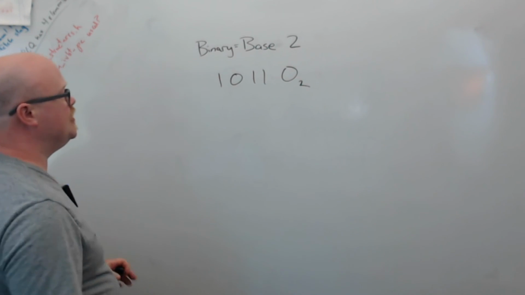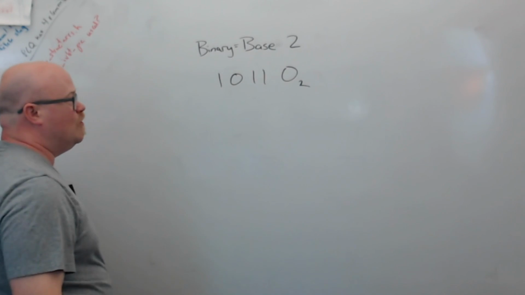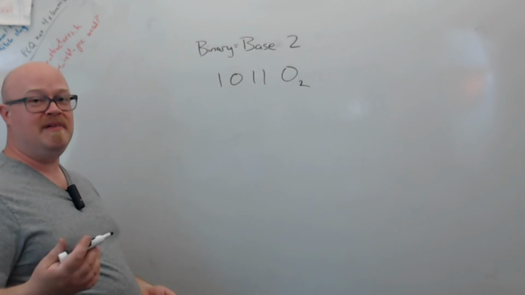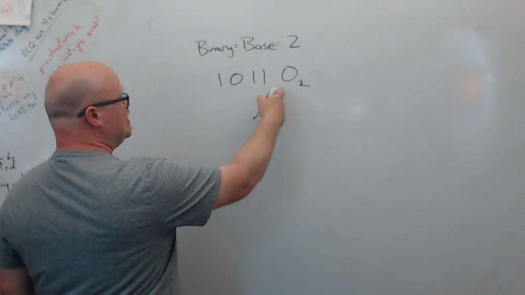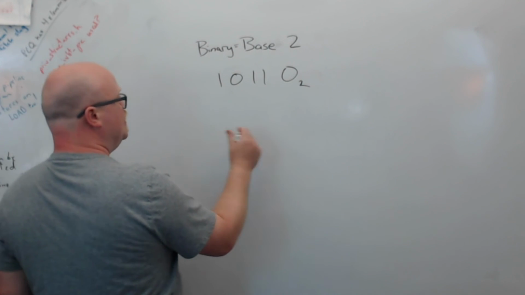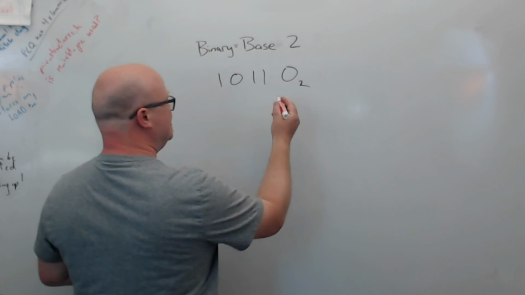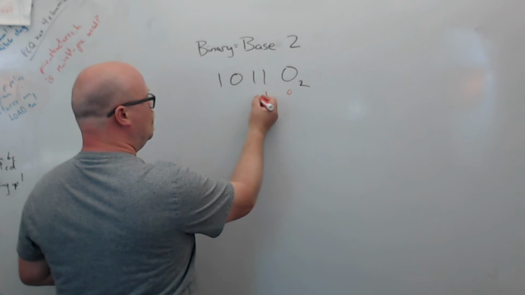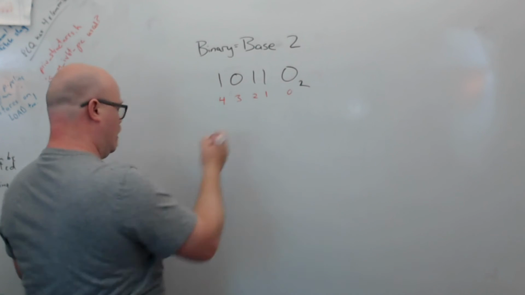Okay? So here's our binary number, 1, 0, 1, 1, 0. And what I want to do is write this in coefficient base exponent form, the complete one, skipping again any positions with a coefficient of 0. So first I'll mark the position numbers because that's going to be equivalent to the exponent. So this is position 0, 1, 2, 3, and 4.